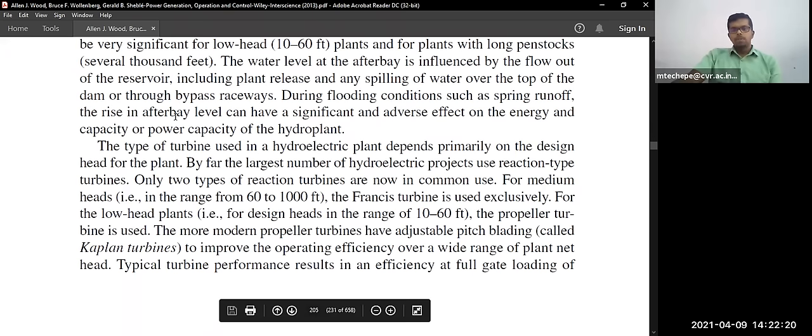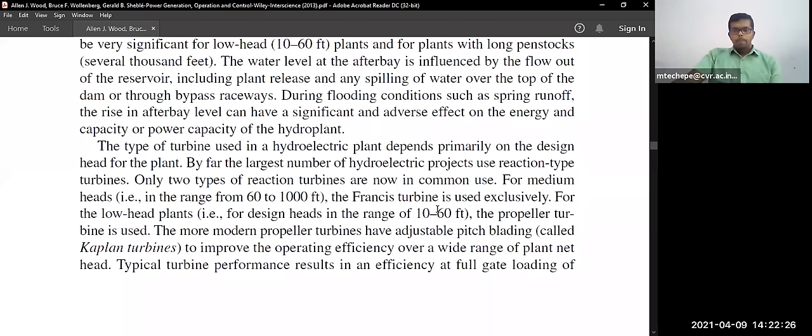These ranges are of foreign countries. In India, we are not going for this range, 60 to 1,000 feet. With 1,000 feet and all, there are no dams. Our dam size is only up to like 150, 200 feet.